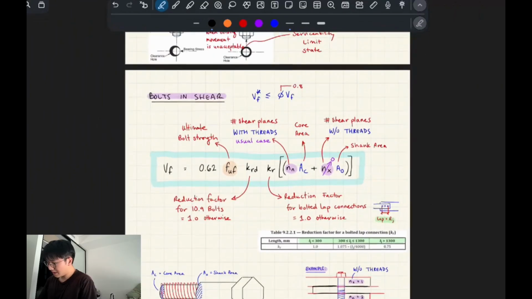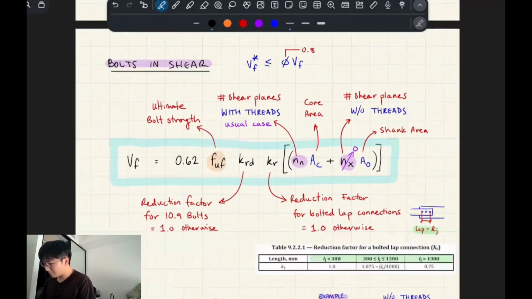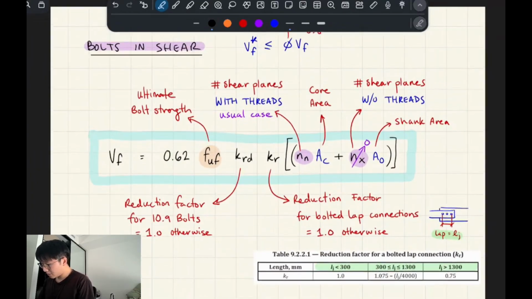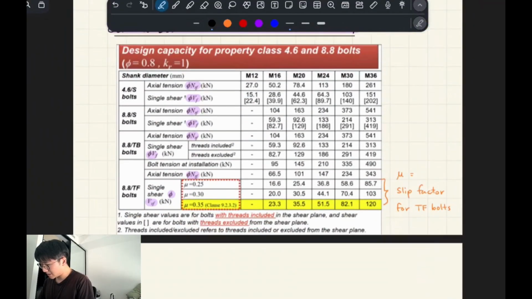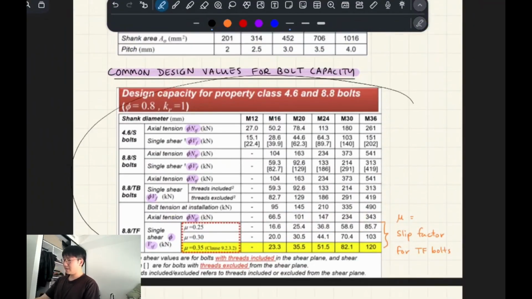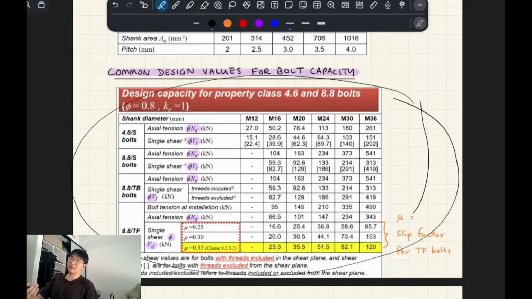Okay, so bolts in shear have this formula. We have these formulas and all that, but we also have this table, which is just common values that you'll see.